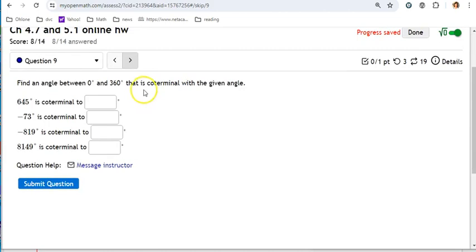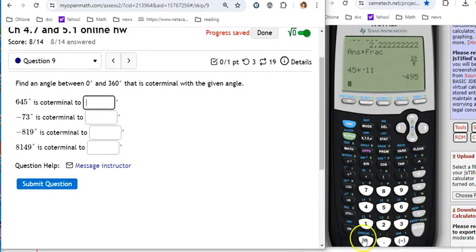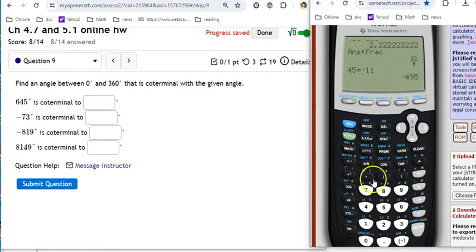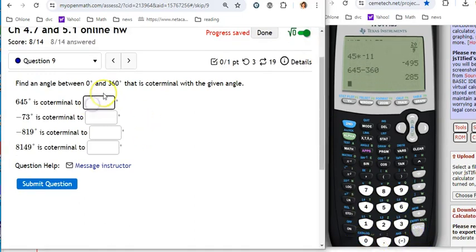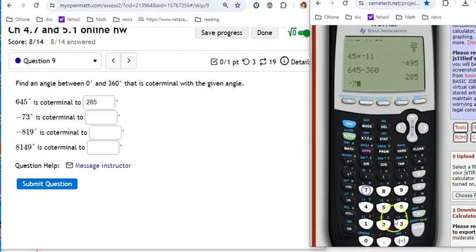Number 8, we want to find a coterminal angle. I'm just going to do it here. We would do 645, just keep on subtracting 360 until it is between 0 and 360. That is 285. Negative 73, it is too negative. I'll just add 360 to it because coterminals differ by multiples of 360.